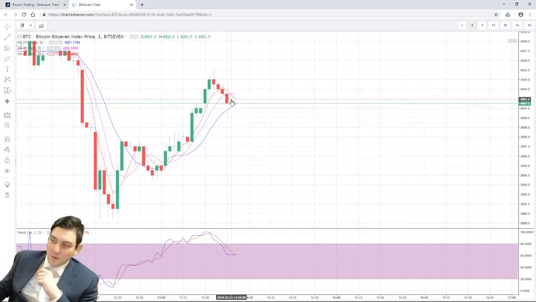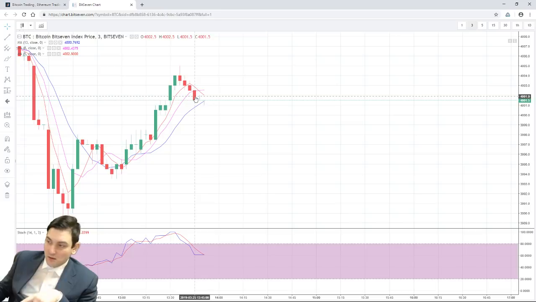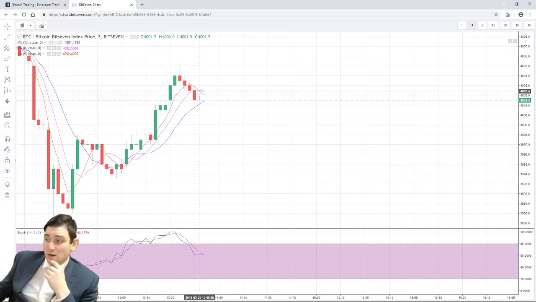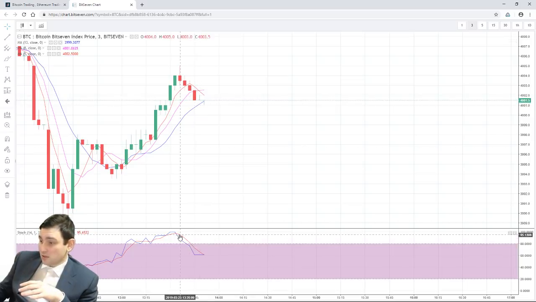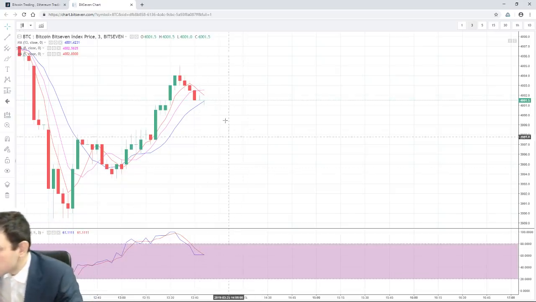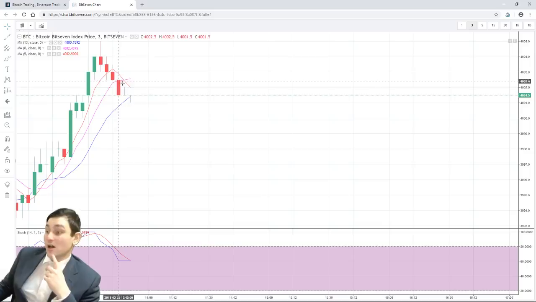It's an interesting thing because right now we see kind of a confusing state, because these three looking down are obviously figures similar to three white soldiers. Yes, and these stochastic lines go down, and this red line, which is the fastest one, goes down.